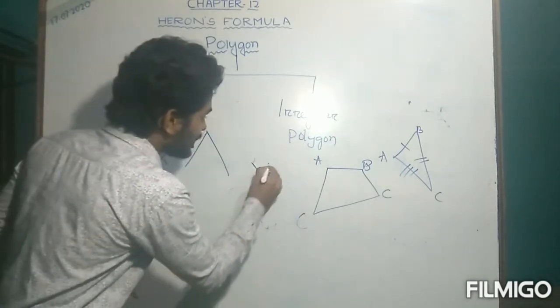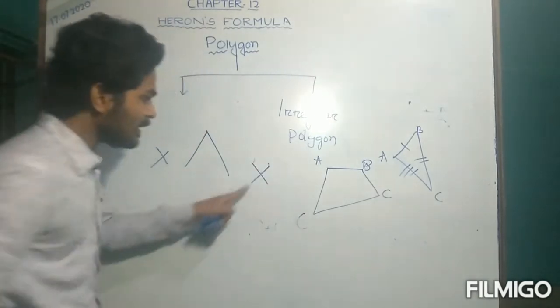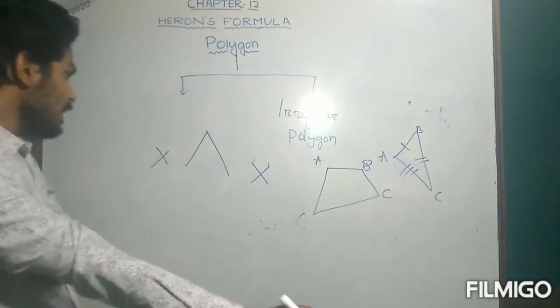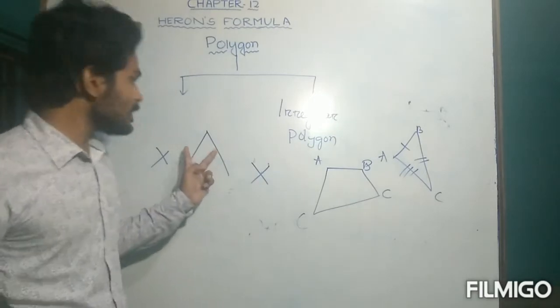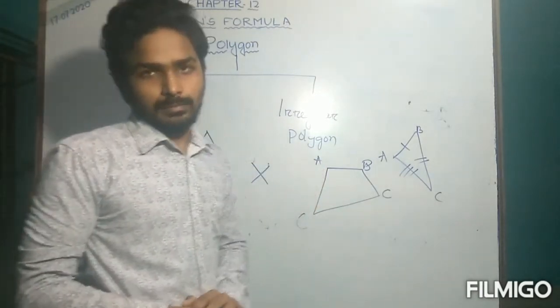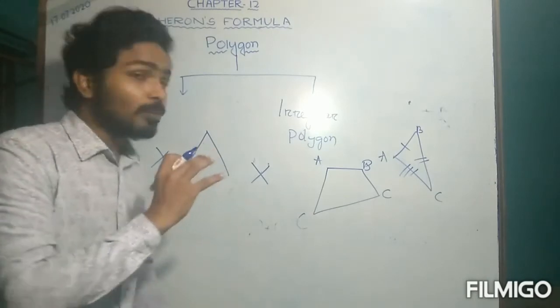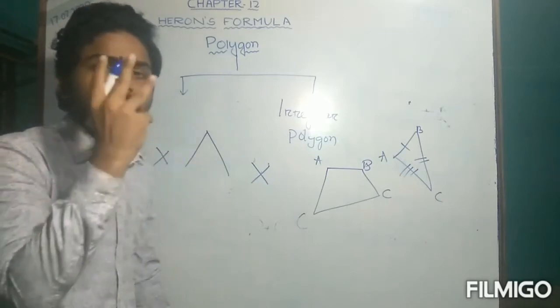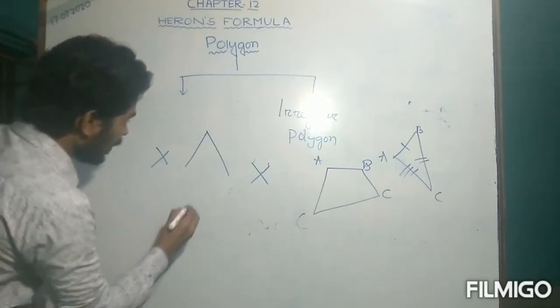Now you can draw like this. This is also 2 straight lines. But is it a closed figure? No, it is not a closed figure. That means by taking 2 straight lines, it is impossible to form a polygon. So in order to form a polygon, we need a minimum of 3 straight lines. How?